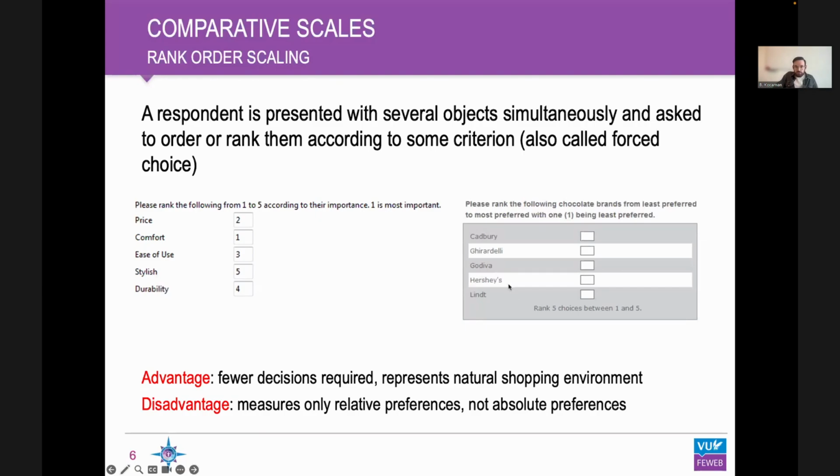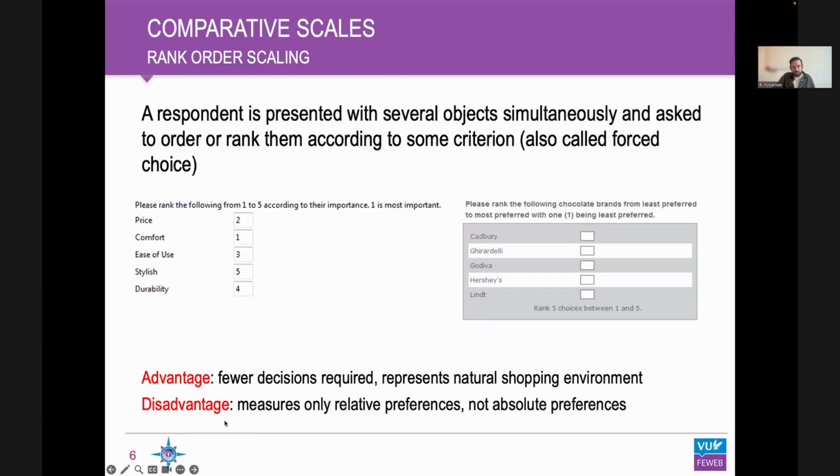The advantage is that, of course, there are now fewer decisions required, so you are not comparing pairs, and it also represents the natural shopping environment where in your mind you see all the objects and you kind of rank them.